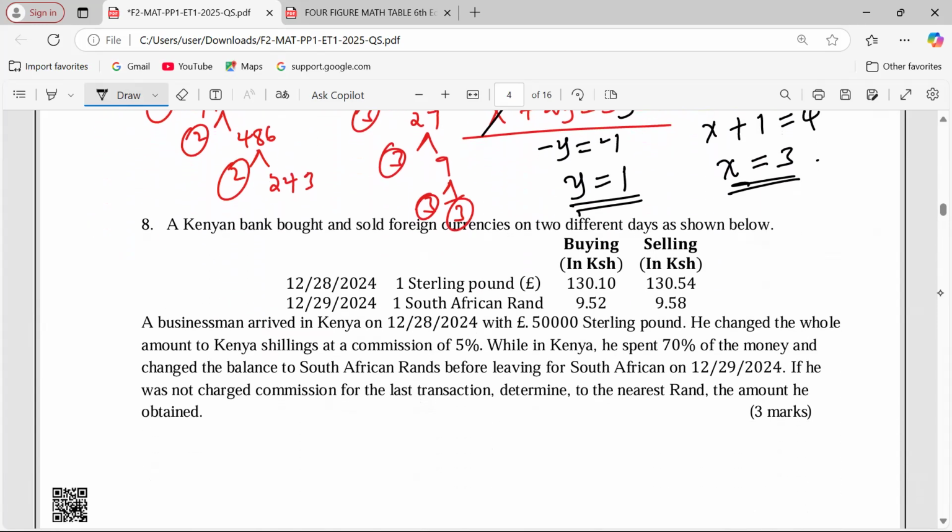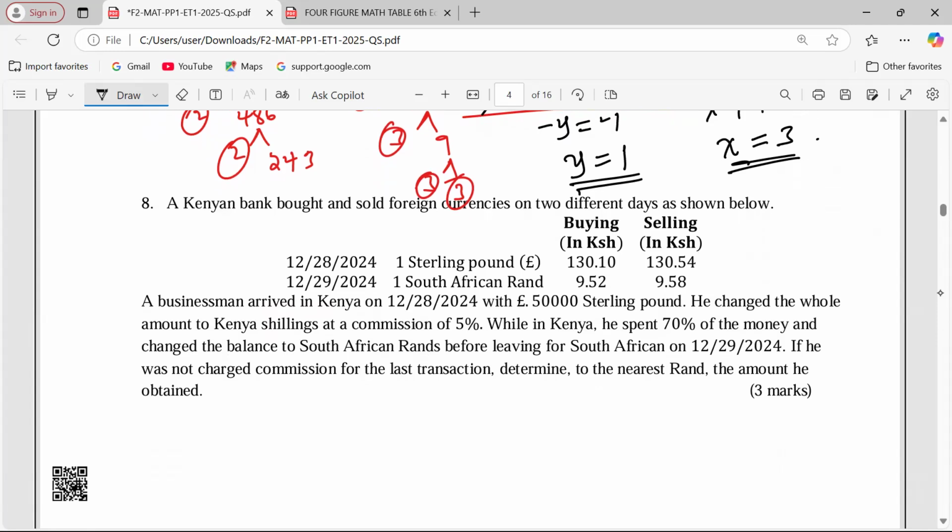Well, number 8 now. A Kenyan bank bought and sold foreign currencies on 2 different days, as shown below. So we have the buying of sterling pounds and the buying of South African rand. Then we are told a businessman arrived in Kenya on 28th of December 2024 with 50,000 sterling pounds.